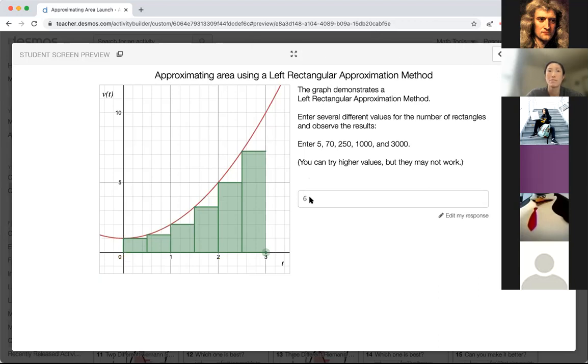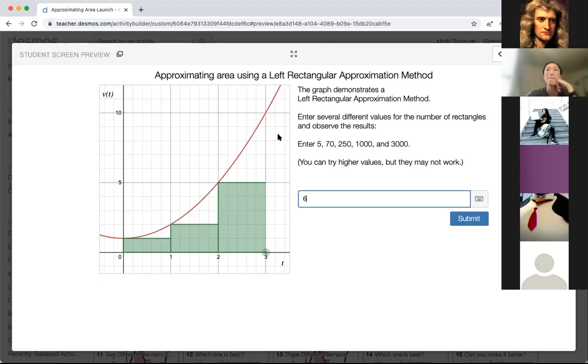Now, this is with 6 rectangles. Let me go back to 3 for a moment. Do you think that if I were looking for the area under the curve, so you see how I'm sort of missing this little triangle part up here and this little triangle and that little triangle, there's like pieces that I'm not counting, right?